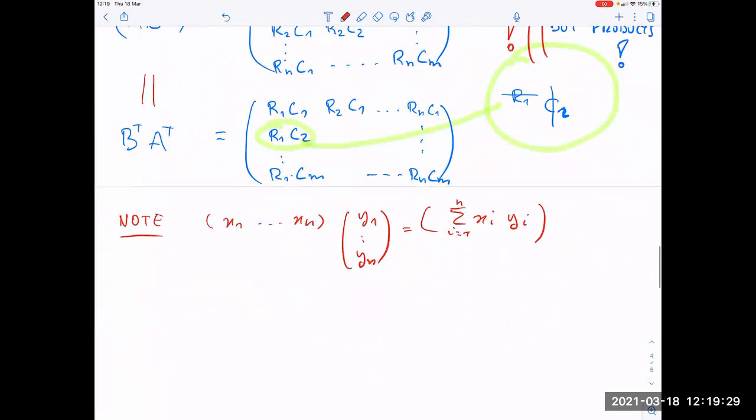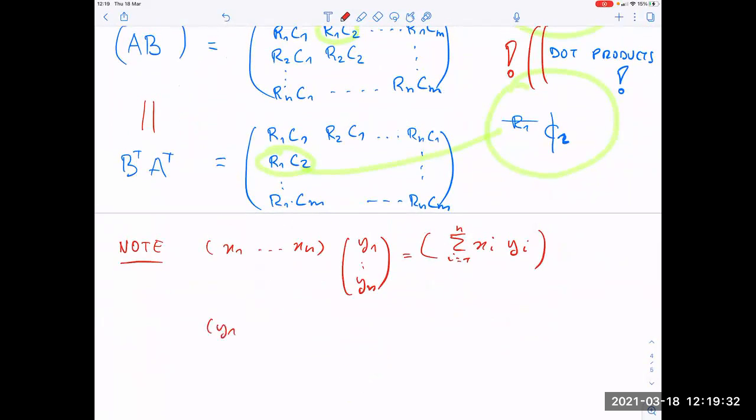And if I multiply y1, yn, x1, xn, what I get is the sum i equal 1 to n of yi xi. And these two are equal because each single summand is equal, and this is because in real numbers, the product is commutative.